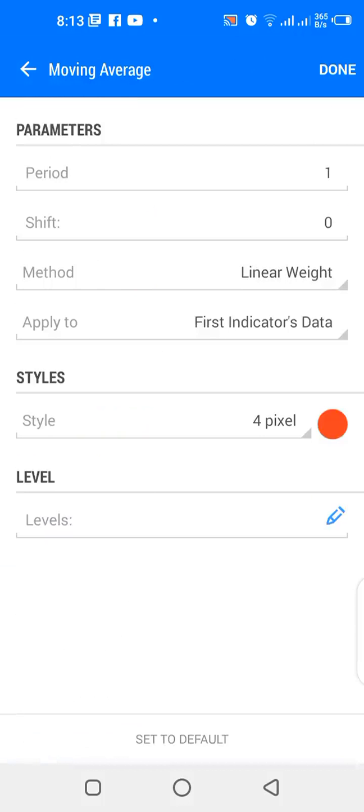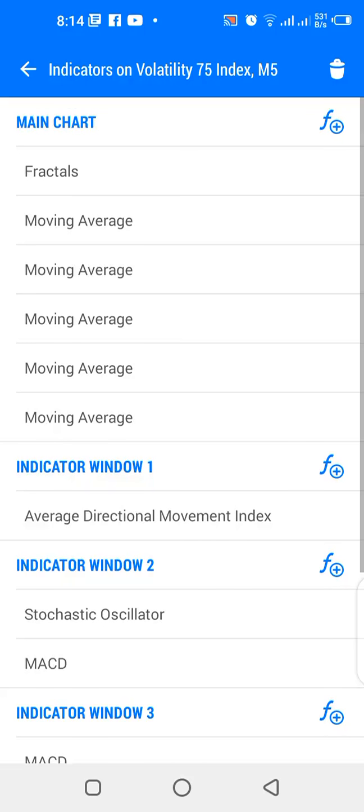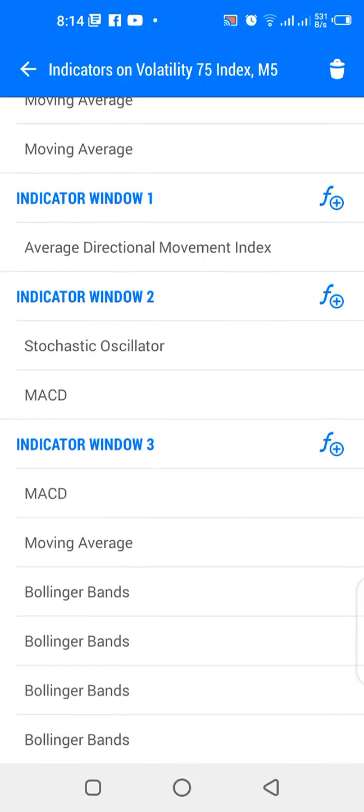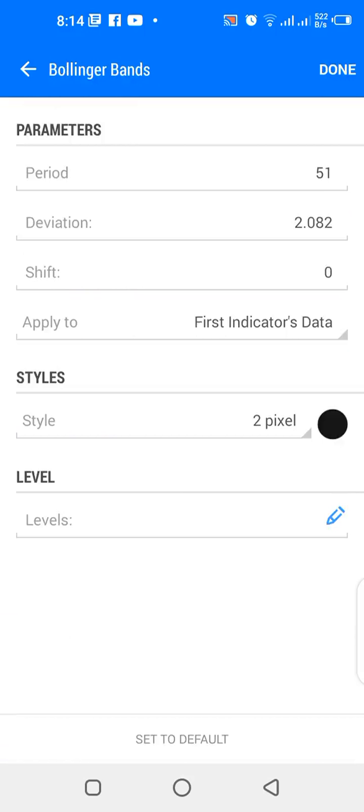Okay, then we have a moving average, period 1, linear weighted, applied to first indicator's data. The color is red. Then we have some Bollinger Bands. The first Bollinger Band, the period is 51. The deviation is 2.082.